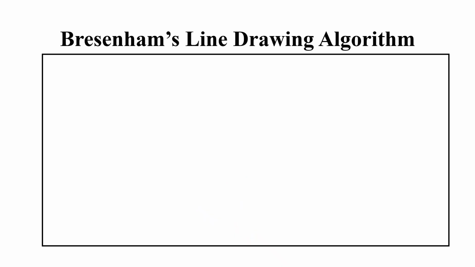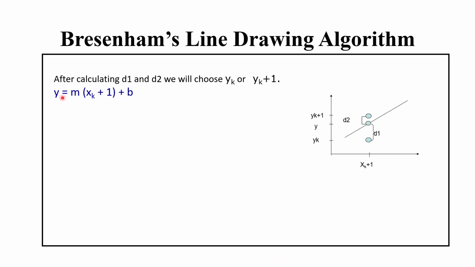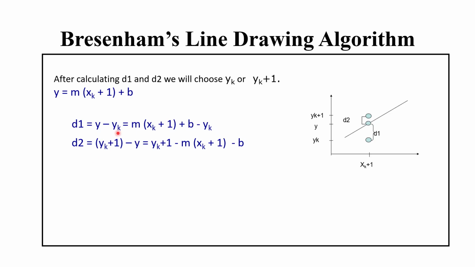This is given in the next equation. d1 is represented as y minus yk, and d2 is represented as yk plus 1 minus y. And we are dealing with the point xk plus 1. We know the Cartesian line equation is y is equal to m into xk plus b. Since we are considering xk plus 1, I am applying y is equal to m into xk plus 1 plus b.